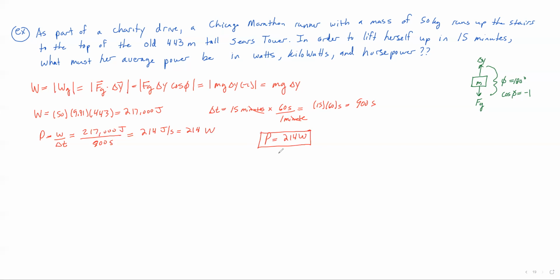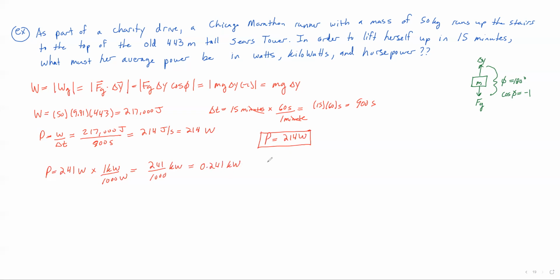Okay. Now, kilowatts is pretty simple. Power is 241 watts multiplied by 1 kilowatt divided by 1,000 watts, right? We simply get 241 divided by 1,000 kilowatts, 0.241 kilowatts.